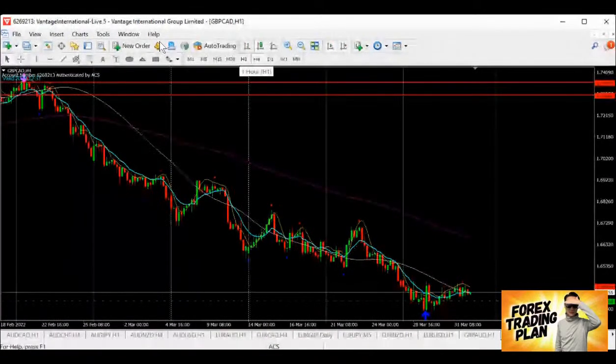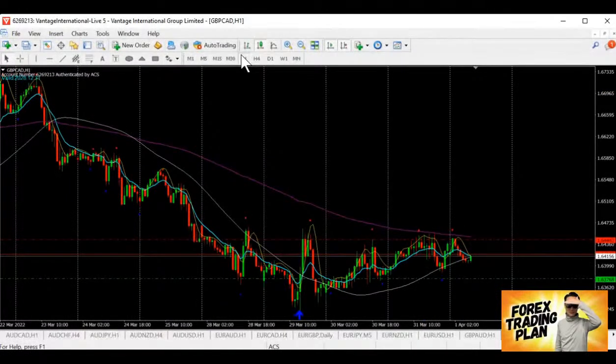Okay, Pound Aussie and Pound CAD look very similar. Pound CAD moves faster forward than Pound Aussie. So if Pound Aussie, you will be looking at the selling this way in the retracement stage. Very highly possible.